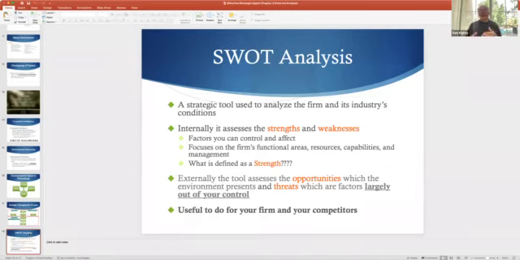So when we're talking about strengths, what do we mean by that? Let's say Mia has a company and she has good customer service. Okay, she's got good customer service. Bryce also has a company and he has good customer service.